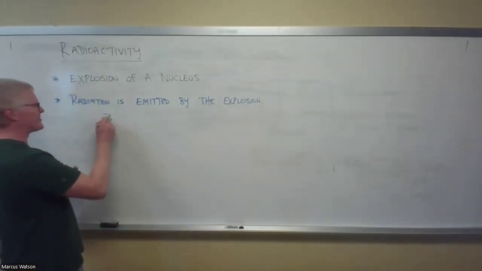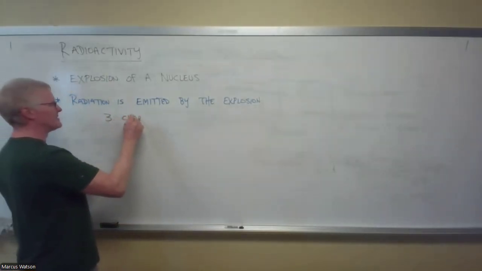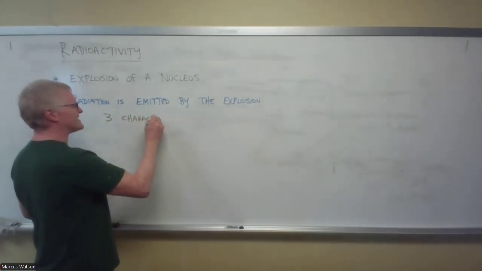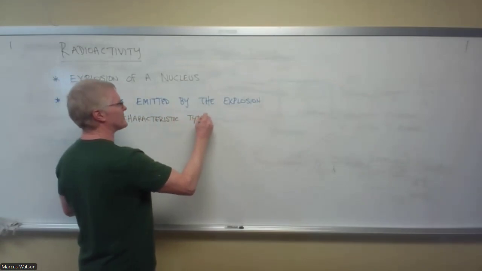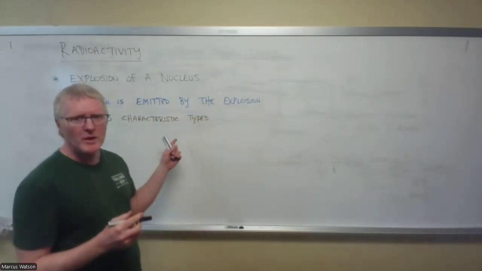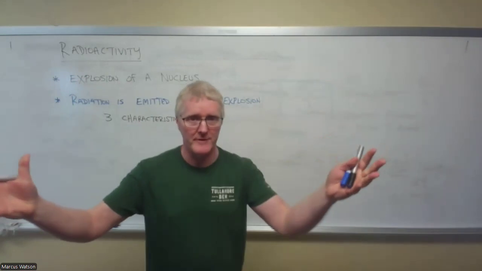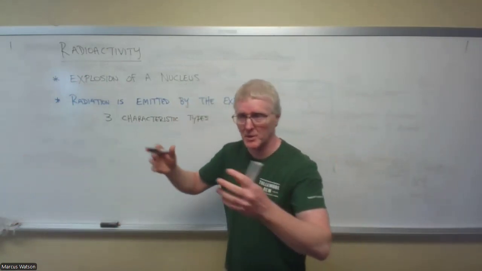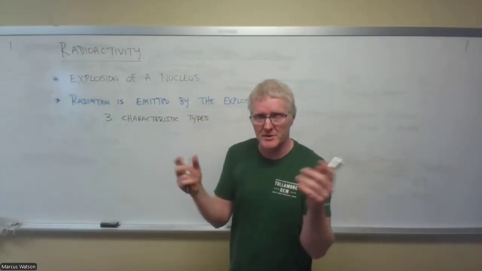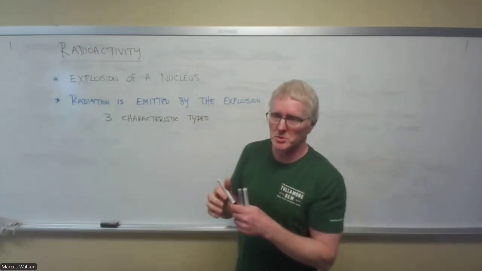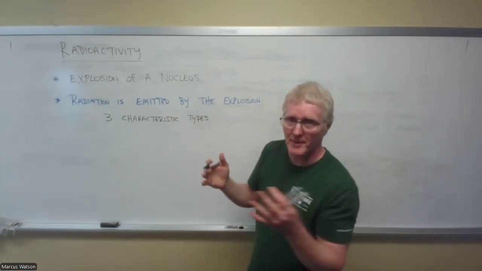There are 3 characteristic types, as well as the rest of the stuff that's emitted. Okay, this is only one piece of the radiation that might come out of a nuclear explosion. When a nucleus explodes, there's going to be a lot of stuff that's emitted. What's in a nucleus? Well, maybe we should talk about that first.